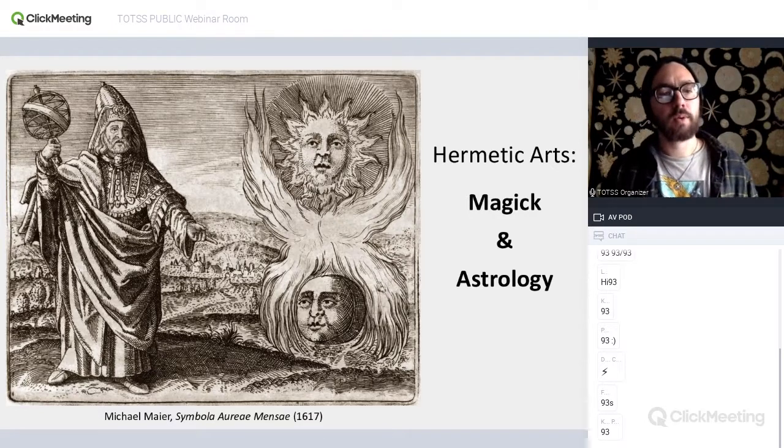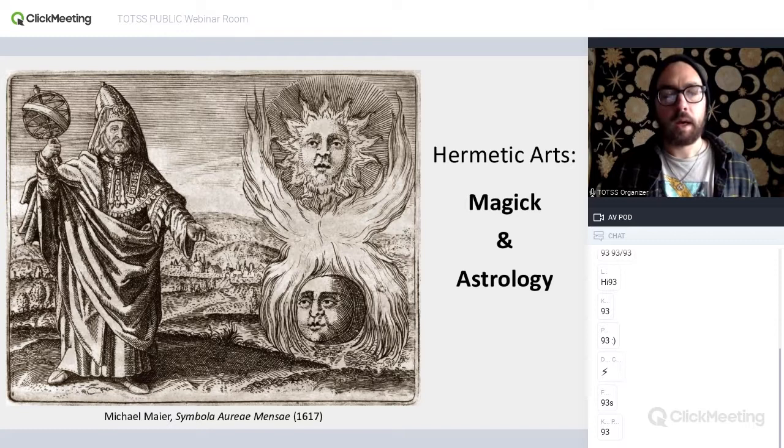All right, so we'd already talked a little bit about magic and astrology as Hermetic arts coming out of the tradition of Hermeticism, and we'll be returning to that today and seeing how magic and astrology are really intertwined.